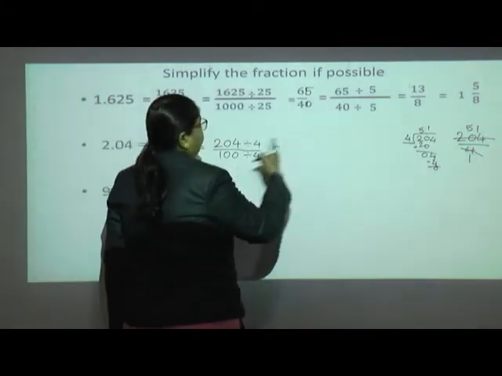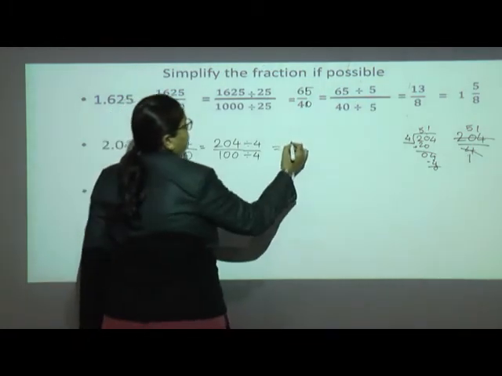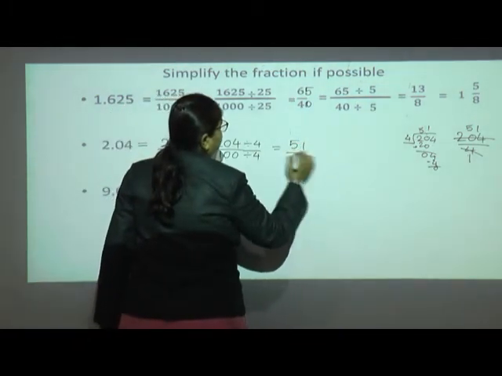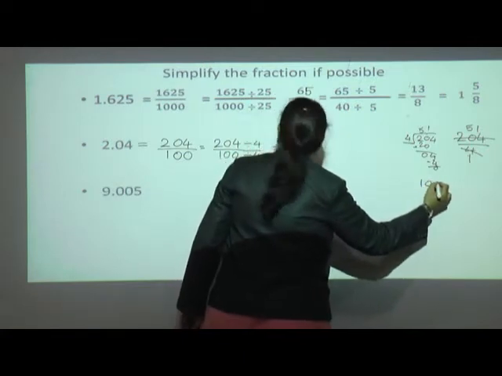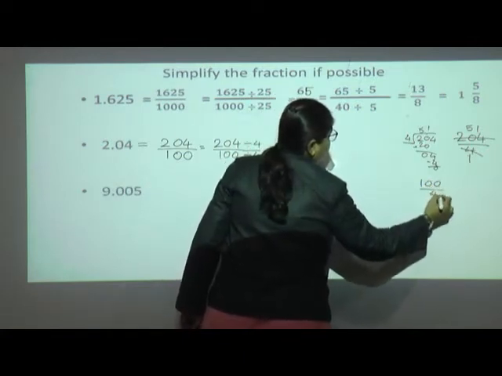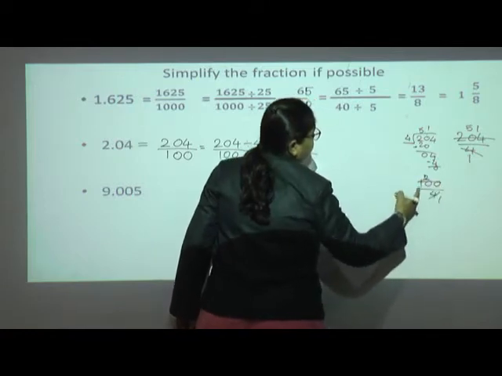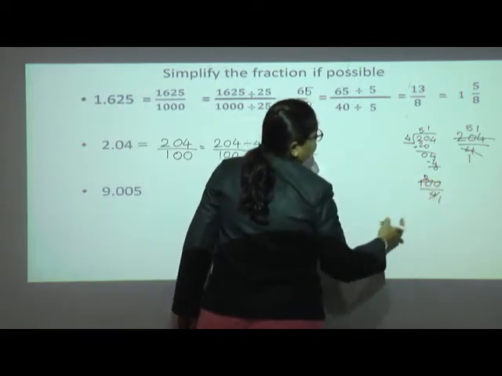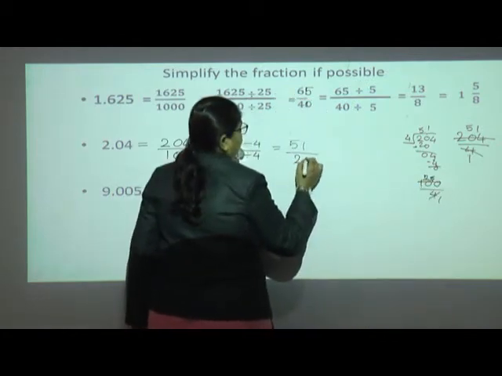So here I will do this method which is easy for me. So I will write here 51 upon 100 divided by 4, that also I will show you. 100 upon 4. So 4 2s are 8, to the left here. So it is 4 5s are 20. What I am getting is 25.